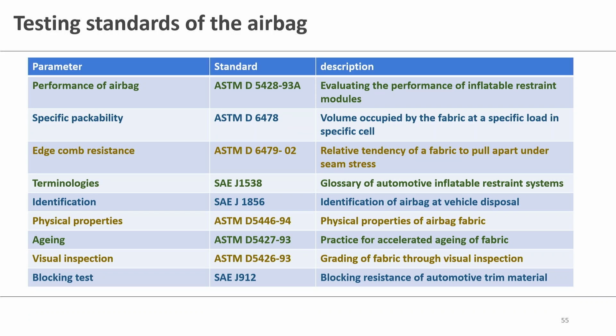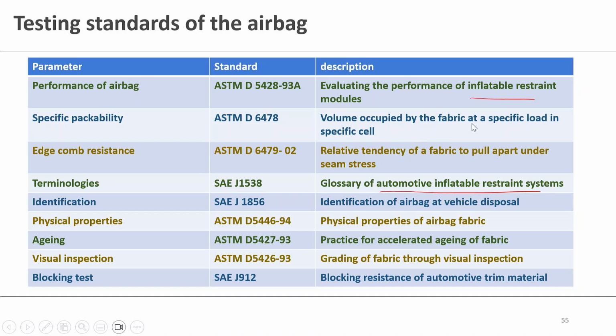Performance of airbags is also evaluated, for inflatable restraint modules. Specific packability is tested, heat resistance. Different terminologies are as per the SAE J1538 standard, the glossary of automotive inflatable restraint systems.